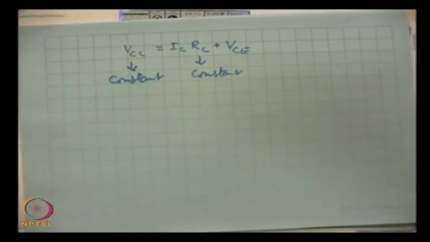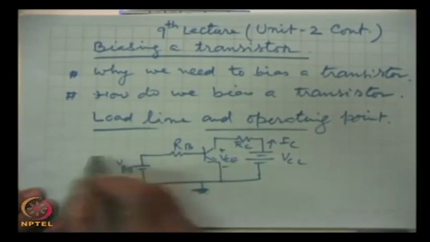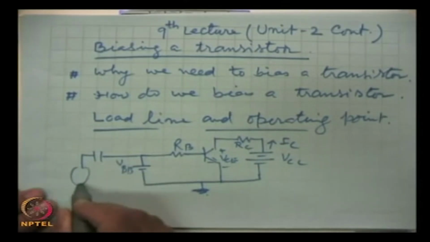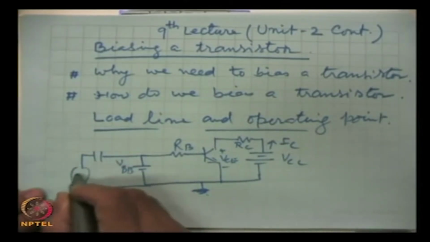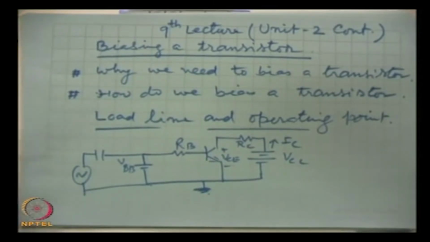but when we superimpose the AC signal on this amplifier like this, a coupling capacitor, and here is the AC source, and this source may be anything, for example signal from a mic if it is an audio frequency amplifier, or some other radio signal if it is a radio frequency amplifier.